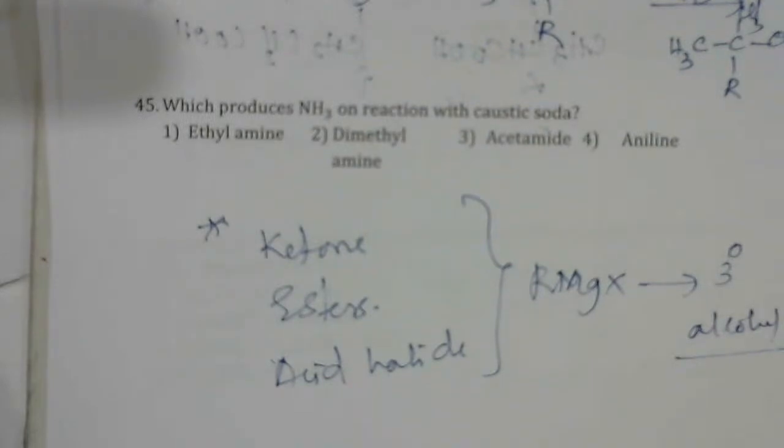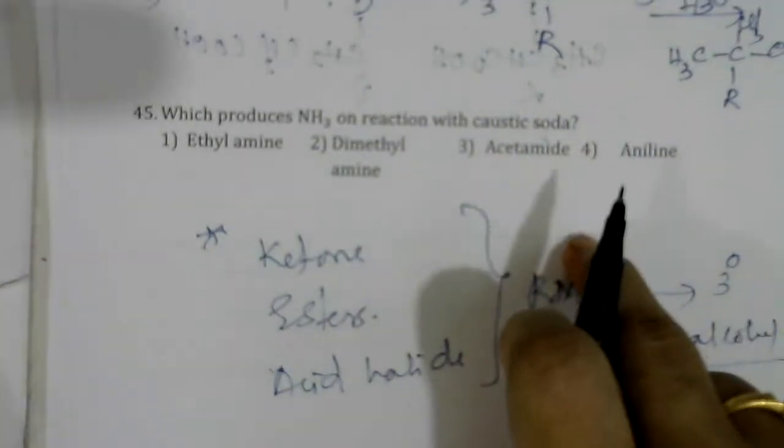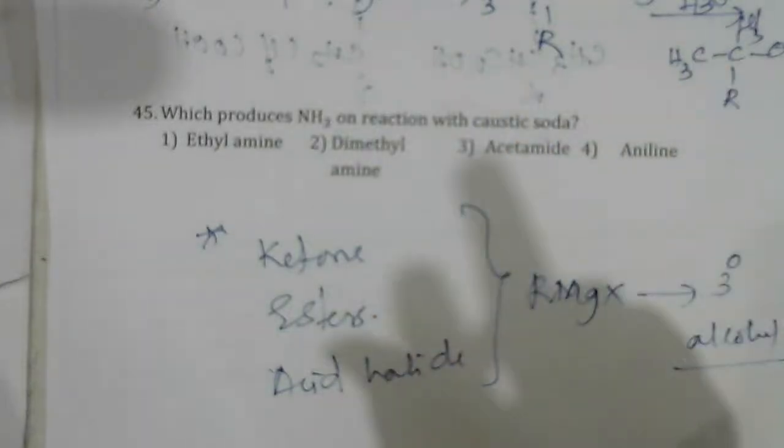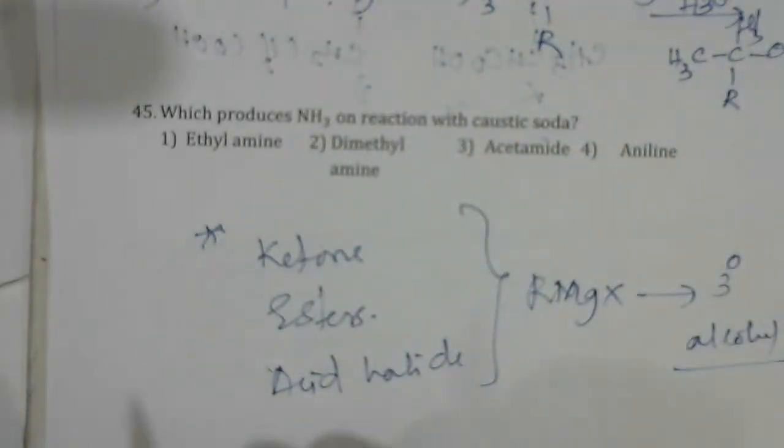That's why, as I said earlier, don't think that for every question we need to write the reaction. Just based upon the concept, without wasting much time, we can go for ticking the correct option.